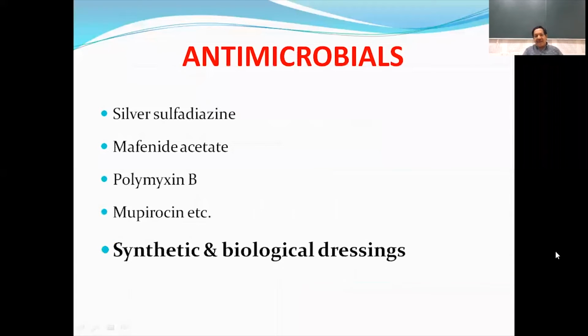Antimicrobials. We have seen how a burn patient is susceptible to infection. But immediately after the burn, the wound is sterile, because of the heat all the commensals or pathogenic organisms present in that wound get destroyed. As time passes, for the reasons we already discussed, the burn wound is susceptible to many infections.